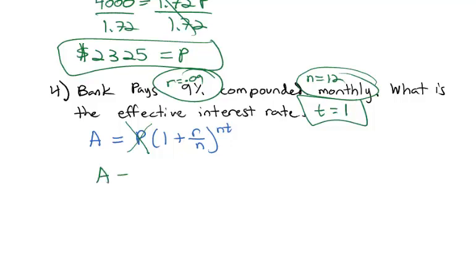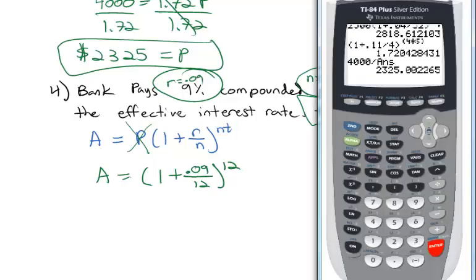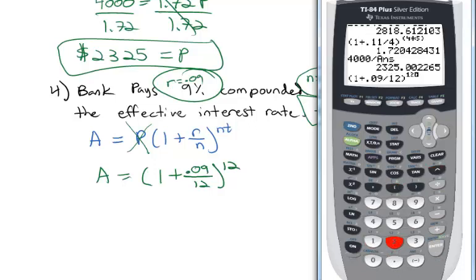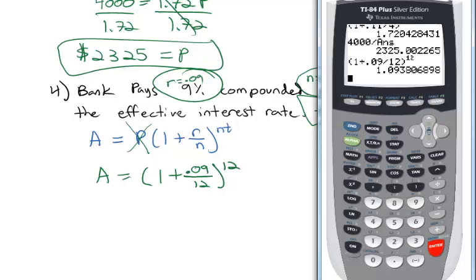So the amount of that $1 is 1 plus the interest rate, 0.09, over 12, to the NT, which is 12 times 1. Well, 1 just makes it 12. So we end up with, open parentheses, 1 plus 0.09 divided by 12, close the parentheses, to the 12th power, is 1.0938.